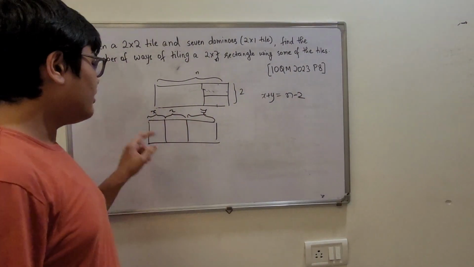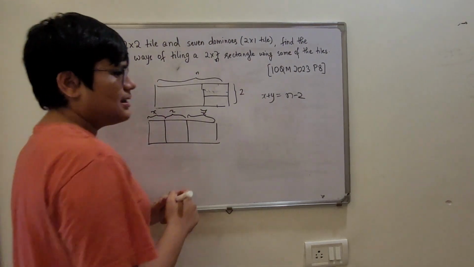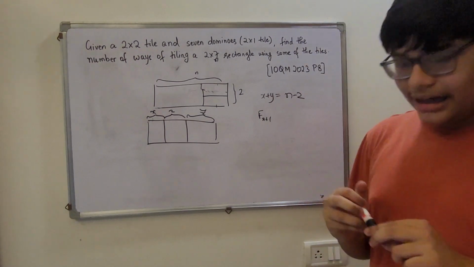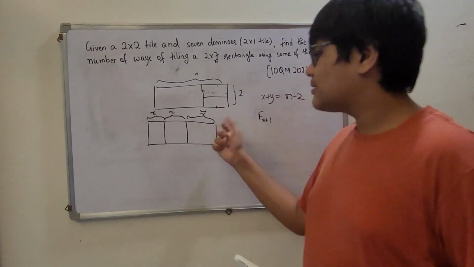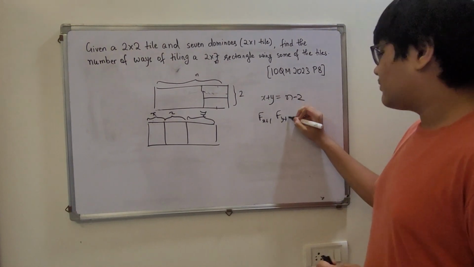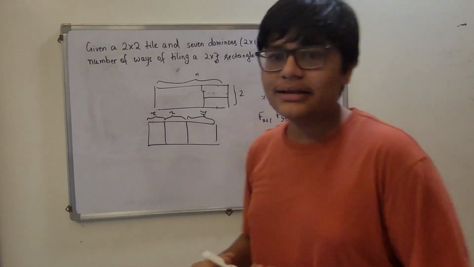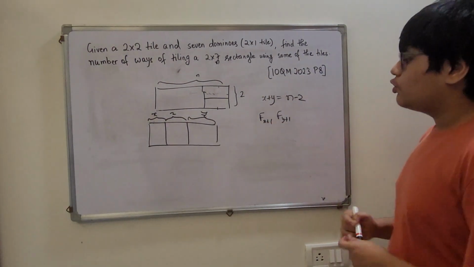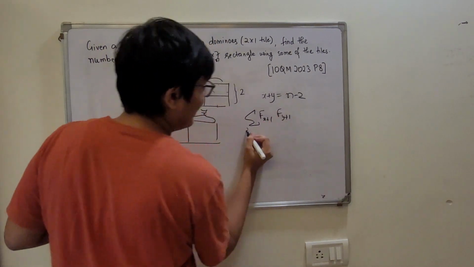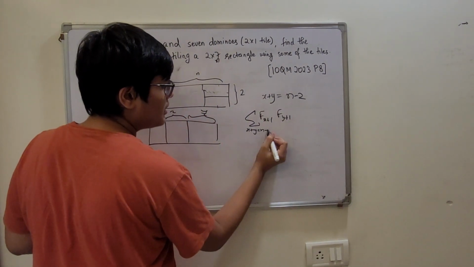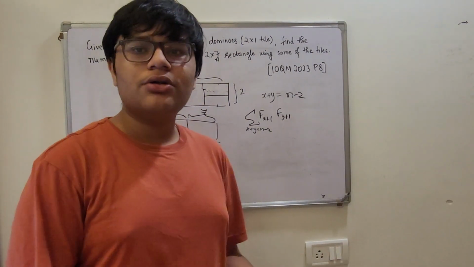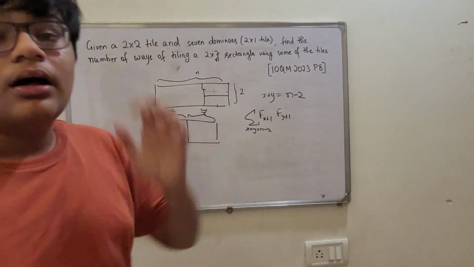Also, the number of ways to tile this 2xx rectangle will be f of x plus 1, and the number of ways to tile this 2xy rectangle will be f of y plus 1, and since they have to be tiled simultaneously, we have to multiply them. So we have to sum this, while x plus y equals n minus 2, and of course x and y have to be whole numbers, ranging from 0 to n minus 2, right?